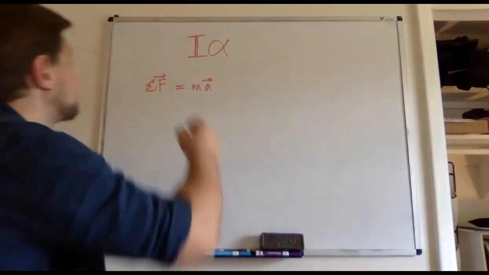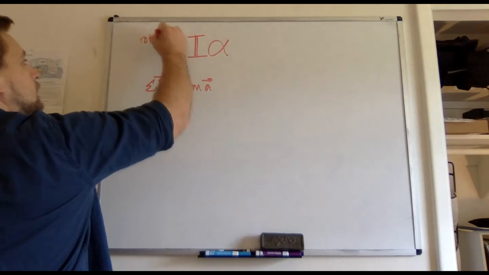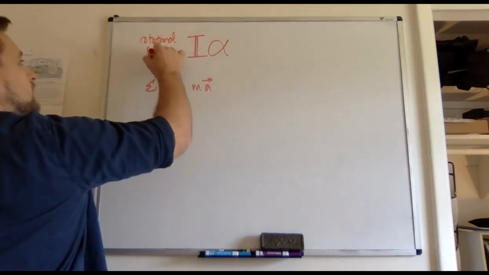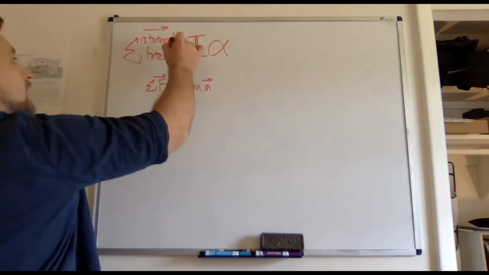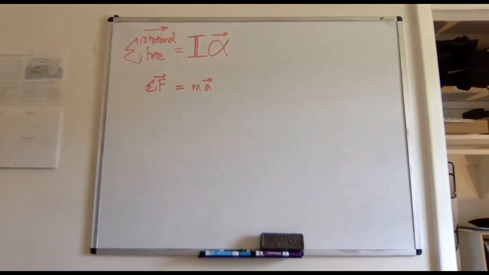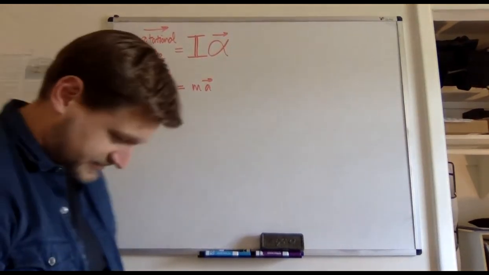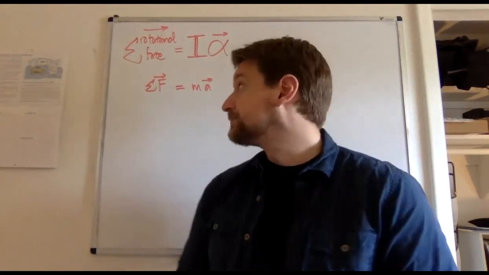If I add up the rotational force as opposed to the linear force, I expect to get the rotational mass times the rotational acceleration. That's how I really want it to go if things line up like they've been lining up so far.